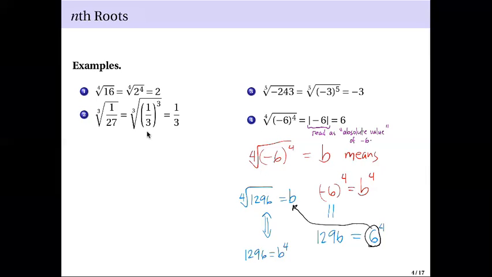So, look at this. Index 4 here, power 4 here, it looks like they just canceled each other. That's why we just get this guy here. Similarly for this, cube root, and then 1/3 to the power 3, it looks like 3 and 3 just canceled each other to get this 1/3. In here, you have fifth root, and then negative 3 to the power 5.